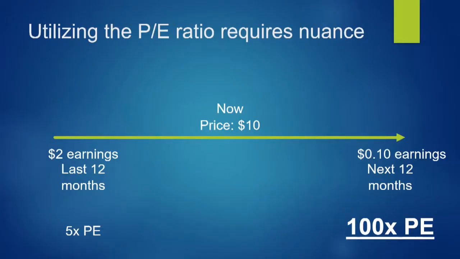You have margin compression, you have competitive dynamics that are disrupting their business, et cetera. That's why you have an expectation of 10 cents in earnings. What is the more effective or useful PE metric to go by? Well, the forward-looking PE multiple, because now you're looking at a PE multiple of 100 times forward earnings.